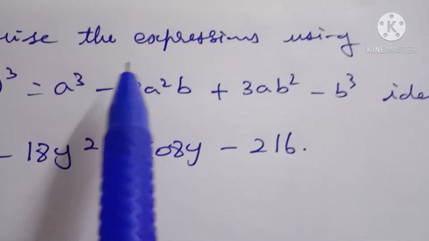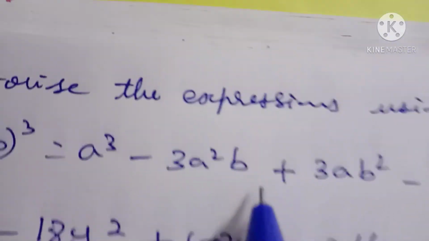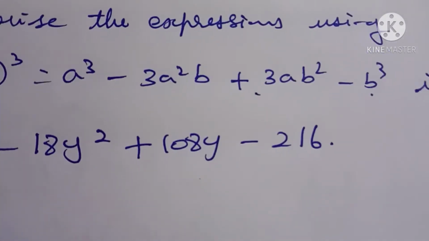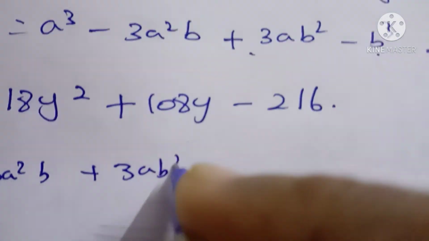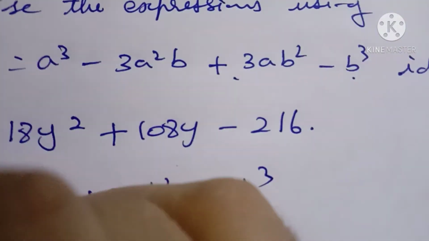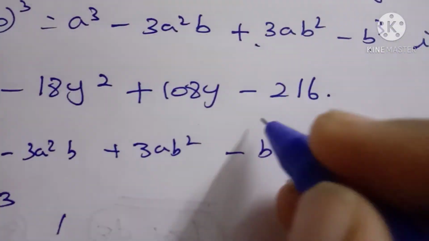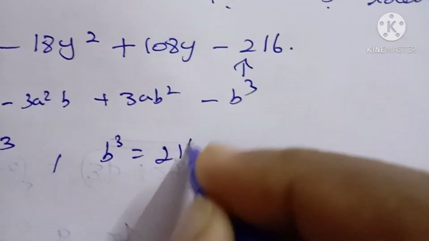Factorize the expression using a minus b the whole cube is equal to a cube minus 3a square b plus 3ab square minus b cube. So this can be written as a cube minus 3a square b plus 3ab square minus b cube. Therefore a cube is equal to y cube and b cube is equal to 216.